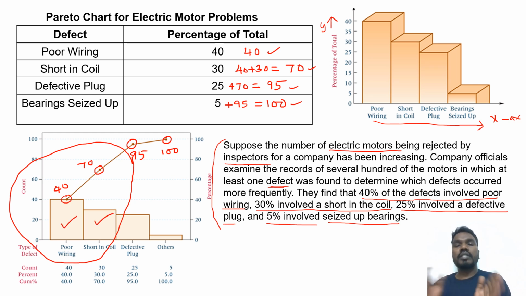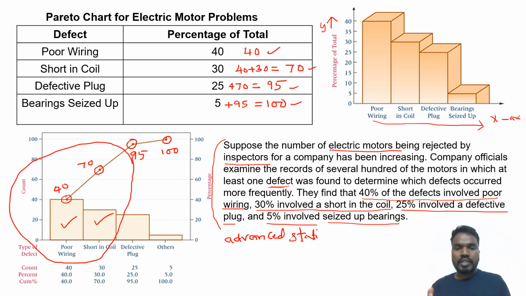So these are the major defects. That is the conclusion we can draw from the Pareto chart. These Pareto charts are generally used in advanced statistics, right? With this session we are concluding the representation of qualitative data, right?